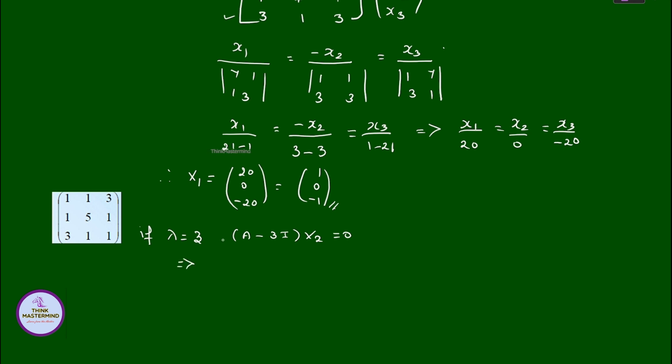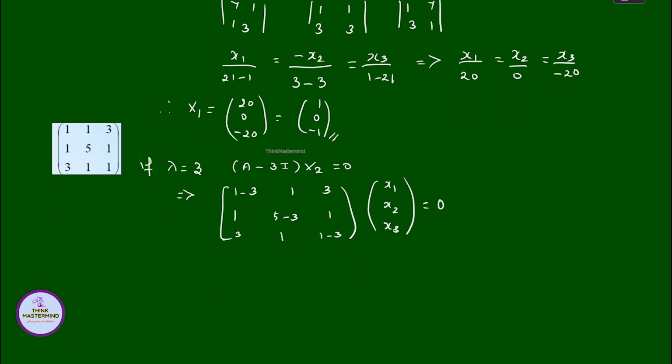Therefore, the diagonal elements in the A matrix are subtracted by 3, that is [1 minus 3, 1, 3; 1, 5 minus 3, 1; 3, 1, 1 minus 3] into the x2 vector x1, x2, x3 is equal to 0.